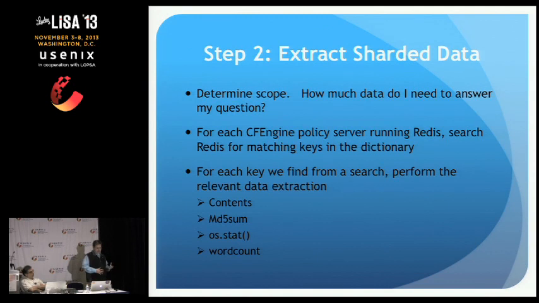So step 2, we have to extract this data. Sharding is a database design principle where your entire database isn't centrally collected on one machine. They're held on separate physical machines.